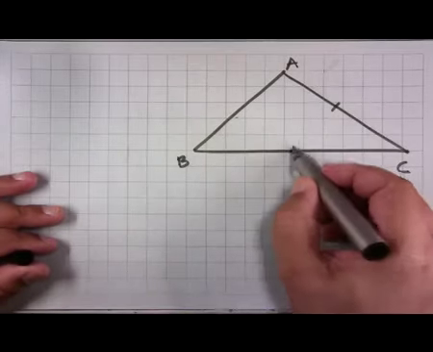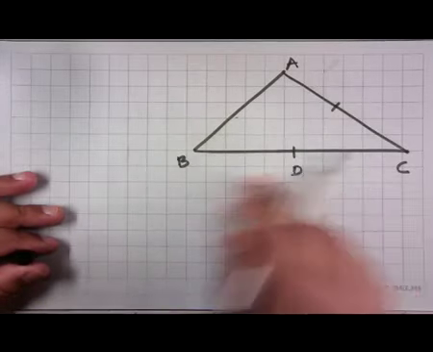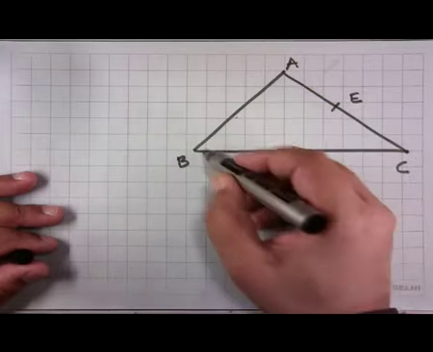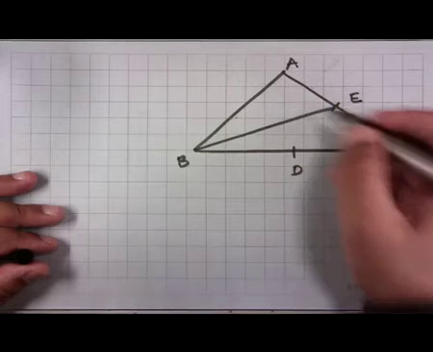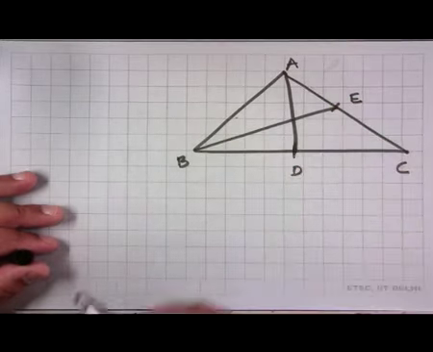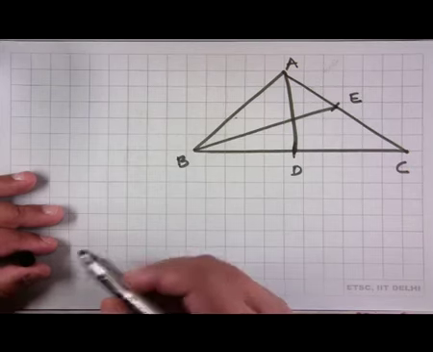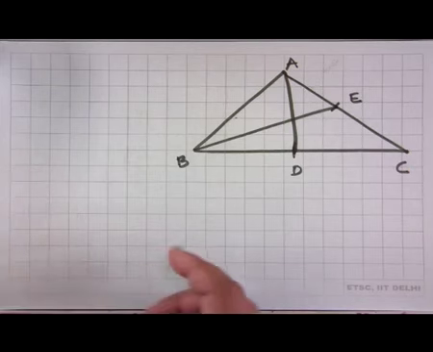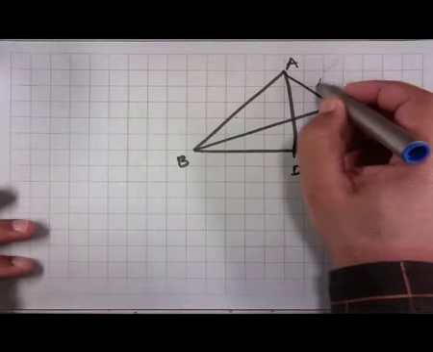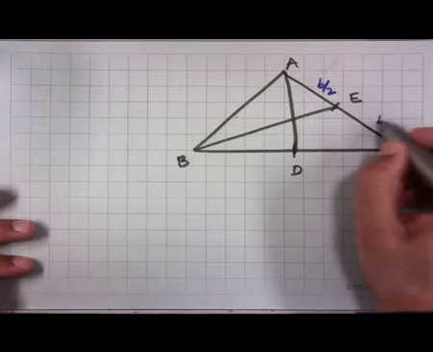These are the midpoints. So, point D is the midpoint of BC, point E is the midpoint of AC, and these are the two medians, and of course, this length AE is B by 2, CE is also B by 2.